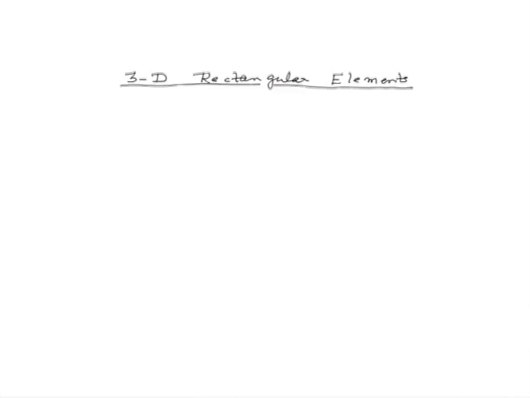As usual, we can have two sets here. The first one we are going to look at is what we call the Lagrange family.